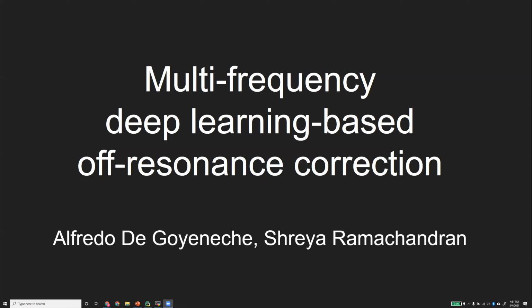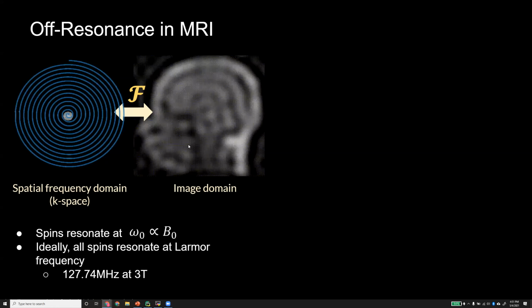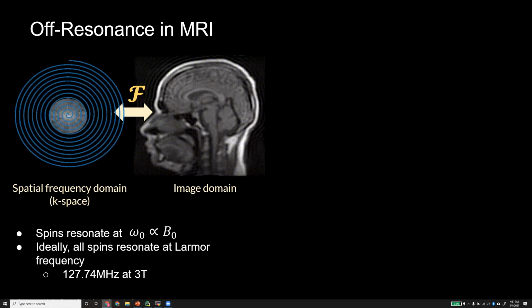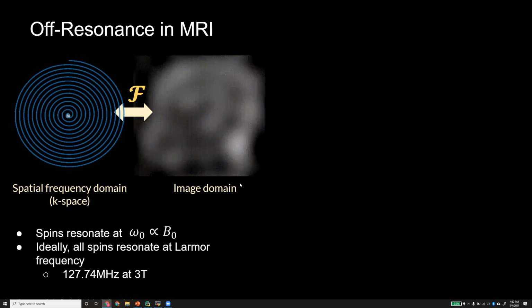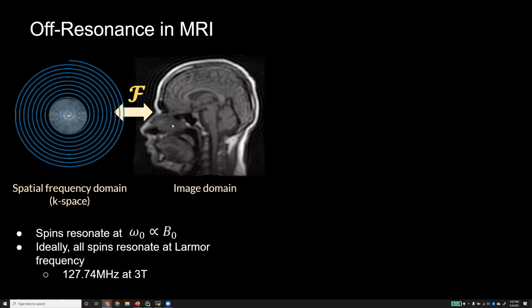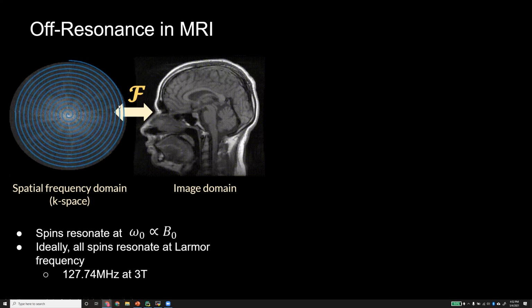All right. Hi, everyone. Today we're going to be talking about a project that we've been working on about multi-frequency deep learning-based off-resonance correction. So as we all know, K-space, the spatial frequency domain of the image, has a Fourier relationship with the image domain, and K-space can be sampled in many different ways.